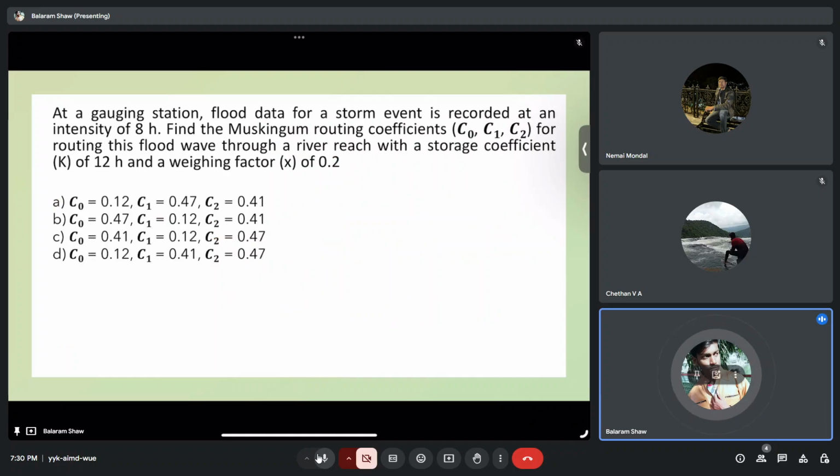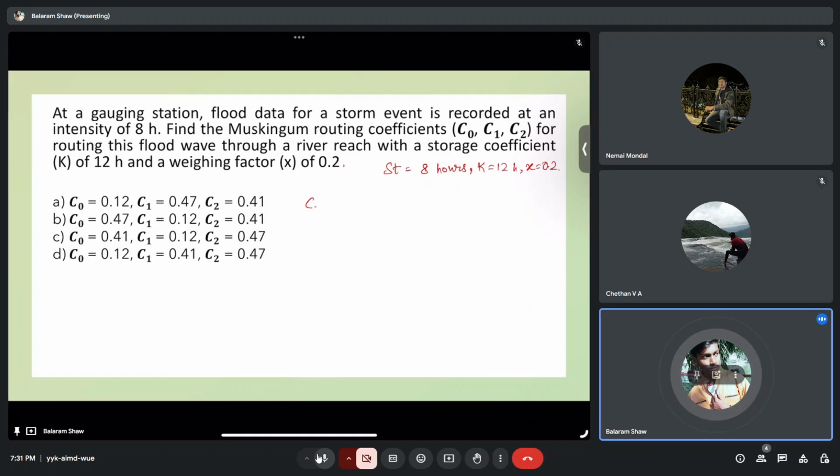So the next question is, at a gauging station, flood data for a storm event is recorded at an interval of 8 hours. So time interval del T is given as 8 hours. Find the Muskingum routing coefficients C0, C1 and C2 for routing this flood wave through a river reach with a storage coefficient K equal to 12 hours and weighing factor X as 0.2.